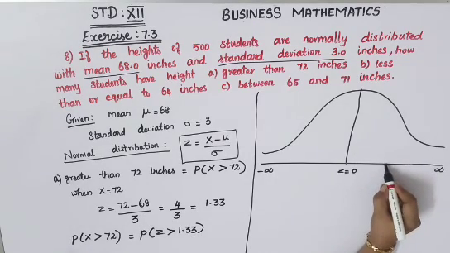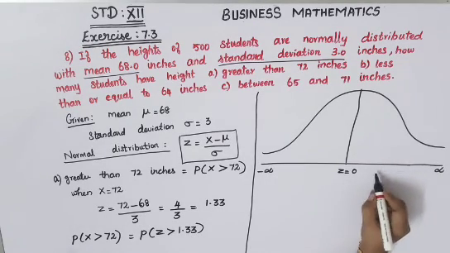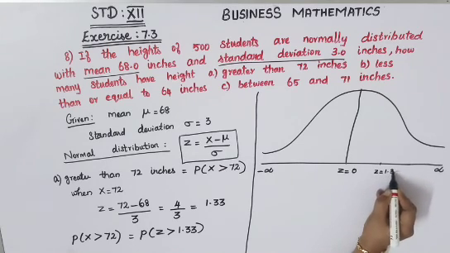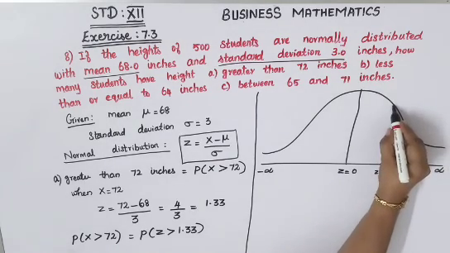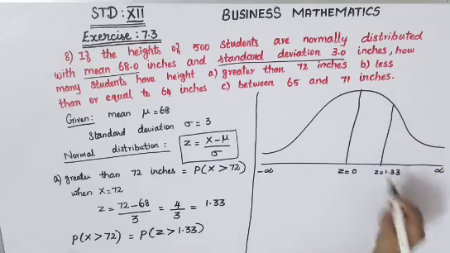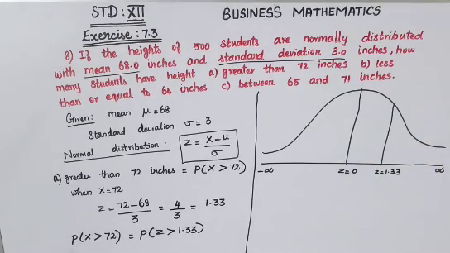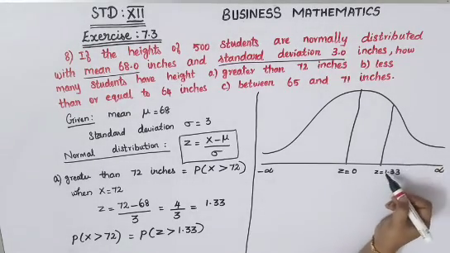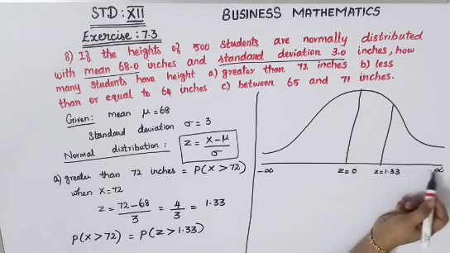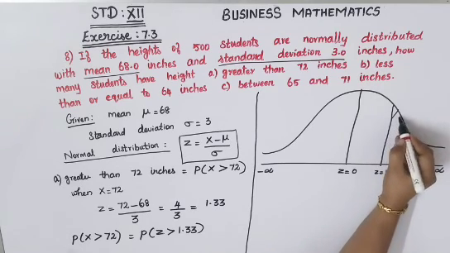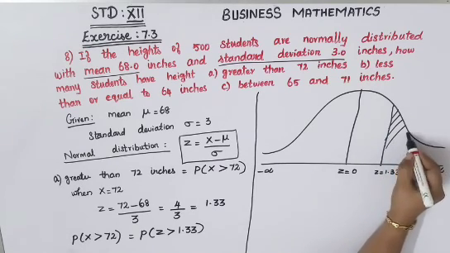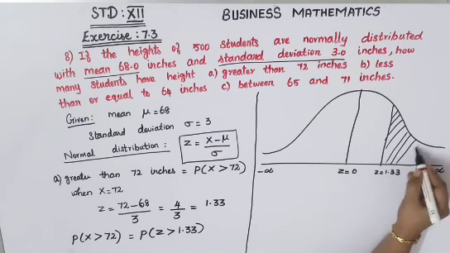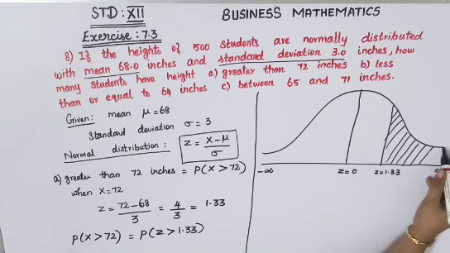So first we mark 1.33 somewhere here, mark that z is equal to 1.33 and draw one line straight to that. Now we have to find greater than 1.33, which means more than 1.33. So these values will be there. So shade that region. This region we'll have to find.